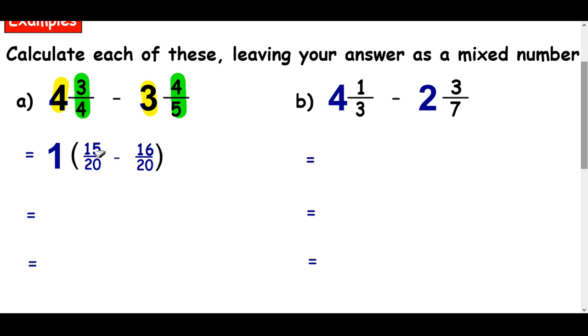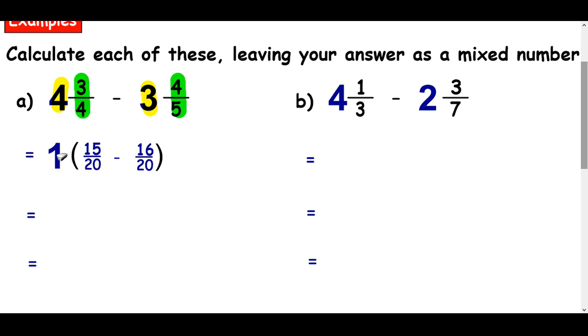So what we've got here is we multiplied the 4 by 5 to get the 20, so we need to do the same to the top number, times it by 5 to create an equivalent fraction, so it's 15 over 20. Over here, we're multiplying by 4 to get up to 20, so do the same to the top, and you get 16. Now what this creates is a negative fraction, because if you do 15 take away 16, you get negative 1.